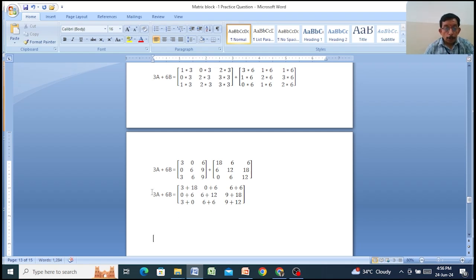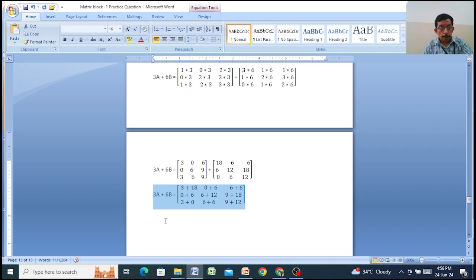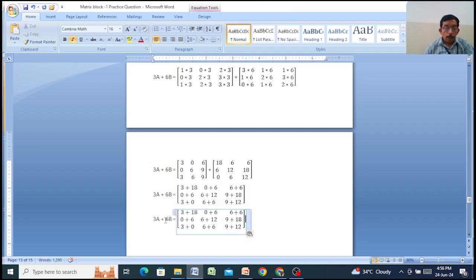Addition is complete. Solve in the next step. Check again: 3 plus 18, 0 plus 6, 6 plus 6, 0 plus 6, 6 plus 12, 9 plus 18, 3 plus 0, 6 plus 6, 9 plus 12.